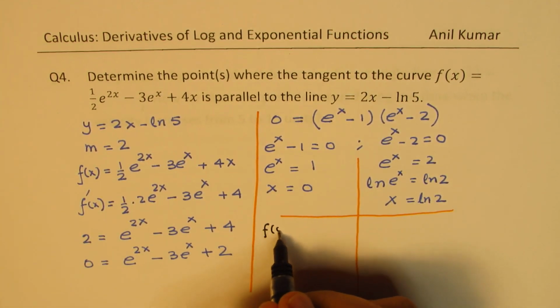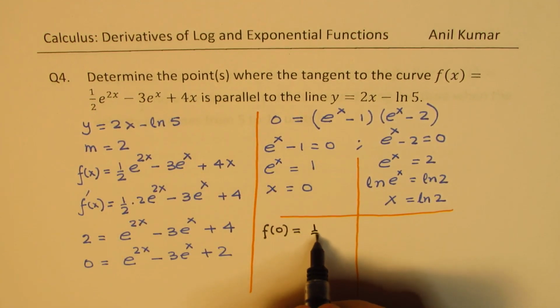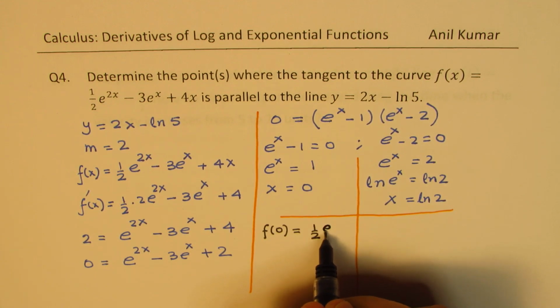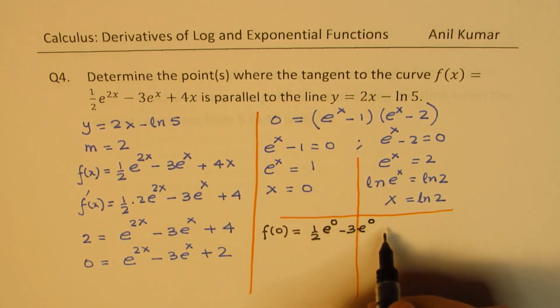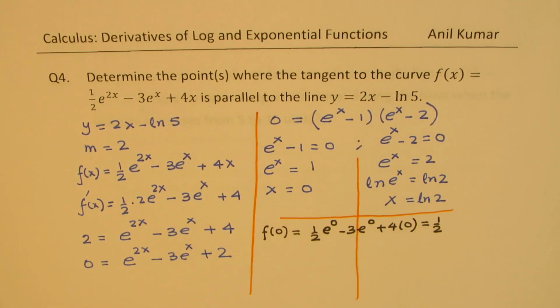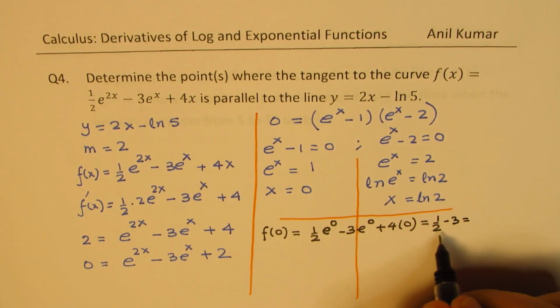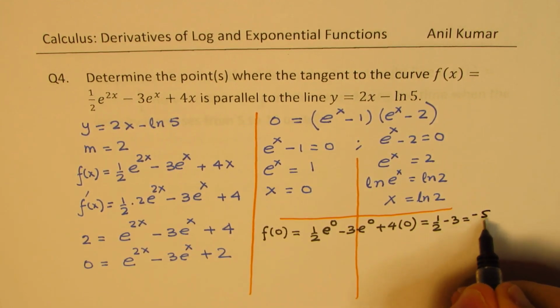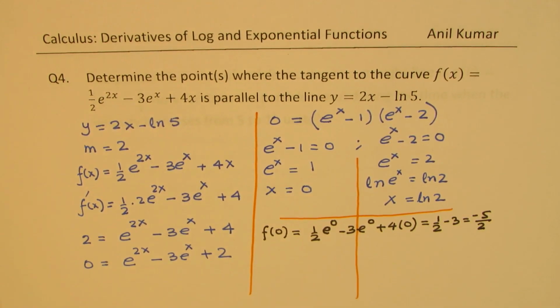So f of 0 equals, substituting 0 here, we get half e to the power of 0 minus 3 e to the power of 0 plus 4 times 0, correct? So we get half minus 3, which is equal to minus 5 over 2, right?